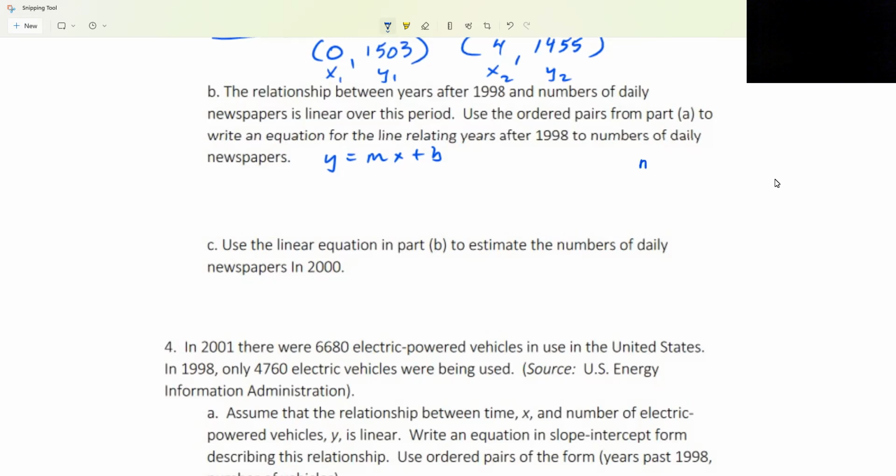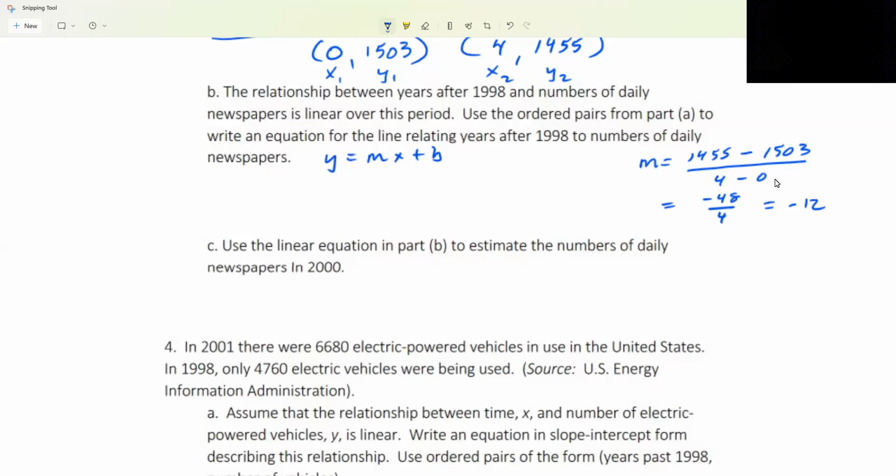So m is equal to 1455 minus 1503 over 4 minus 0. You get negative 48 over 4, which is negative 12. So that's your slope.